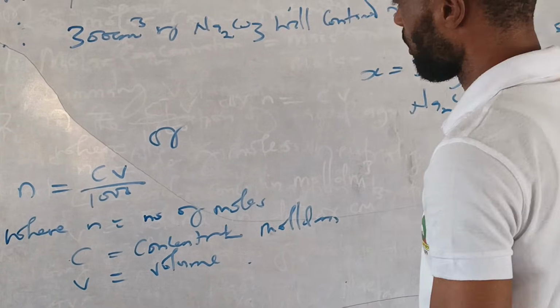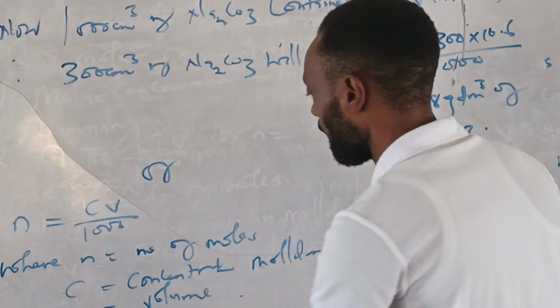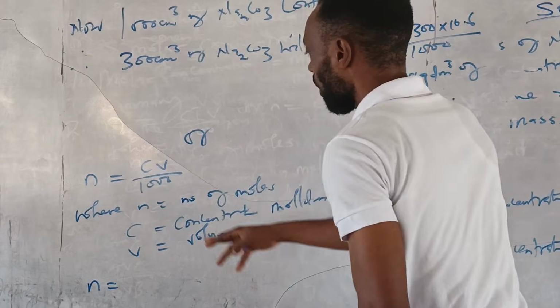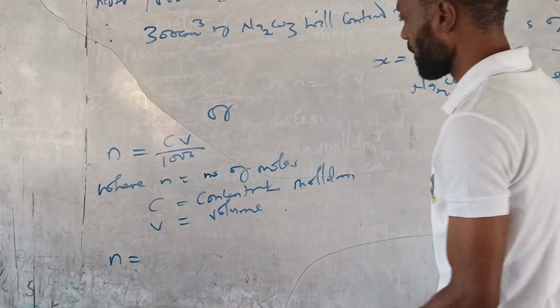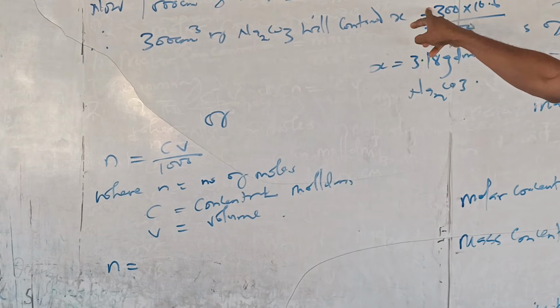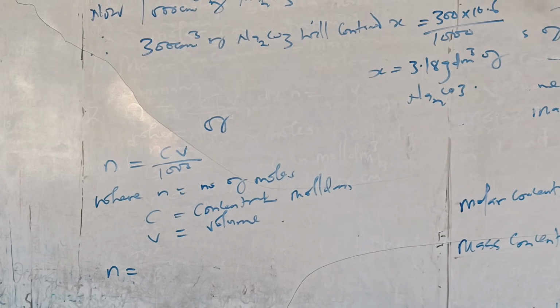Now, looking at this question, you will find out that our n is not known in this question, but the value of c is given to us as 0.1 mole.